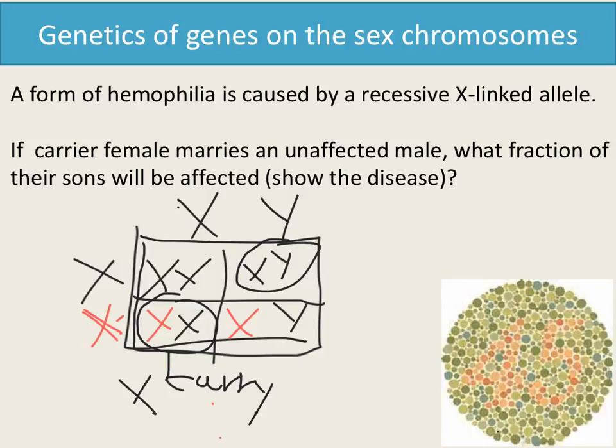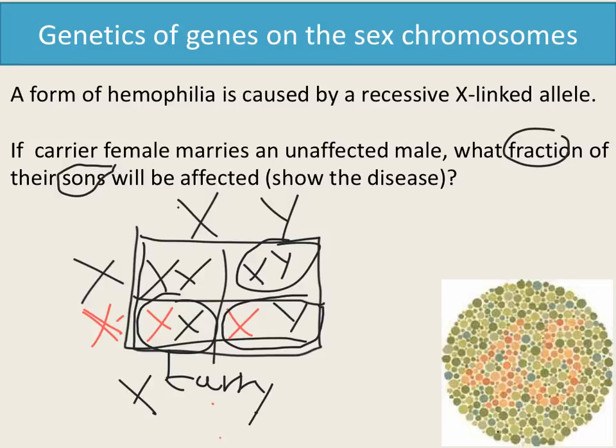And if we have an X mutant from the female and a normal Y, we then have a hemophilia son.